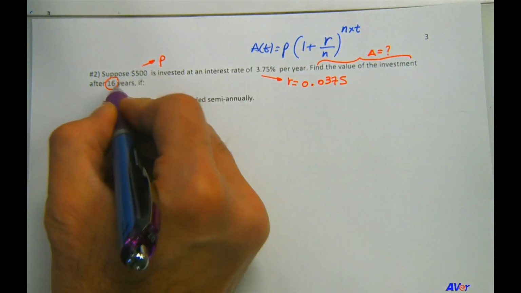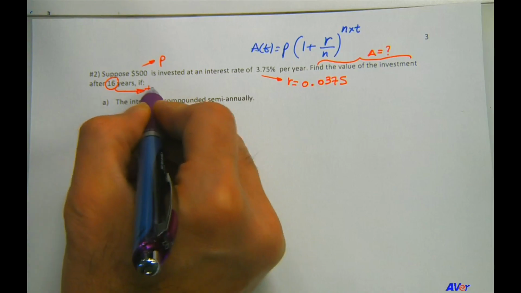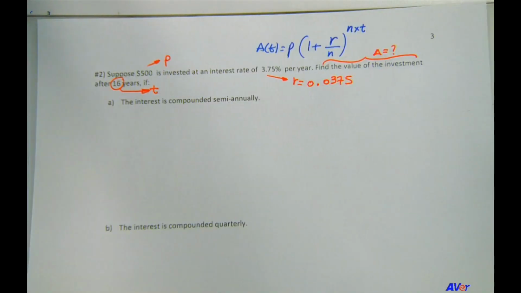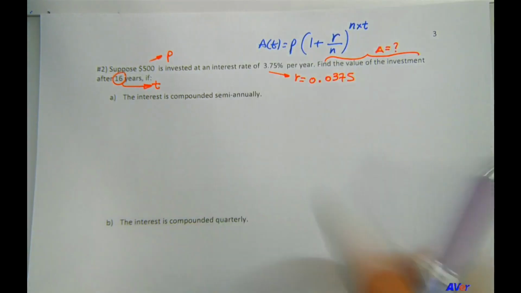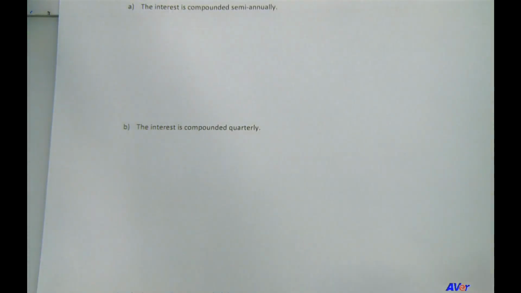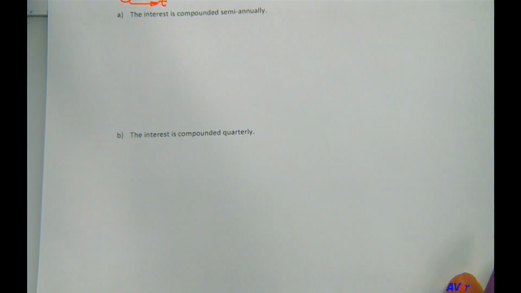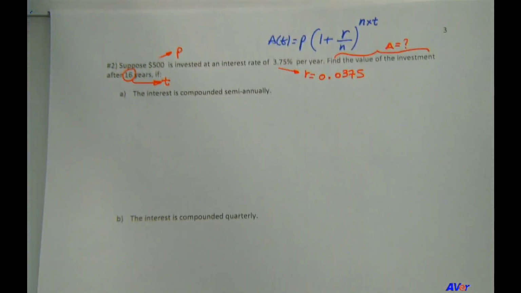So that 16 is T. What about N? Well, for N, we have three cases: case A, case B, and then case C. When we get to it, you'll see that as well. But for N, we have to see what case we have.